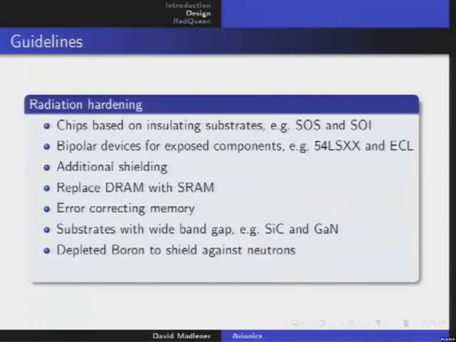Use depleted boron to shield against neutrons, especially in nuclear reactors, but also if you are in space, there will be a production of neutrons. And boron 11 has a very high efficiency to capture neutrons, so to protect your electronics against neutrons, because neutrons are the worst radiation effects possible, because they go into your semiconductor, then interact with a nucleus and make it radioactive.